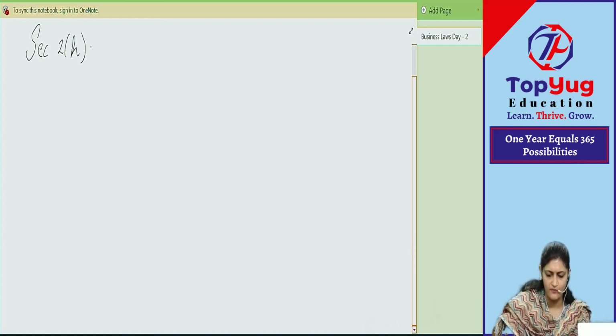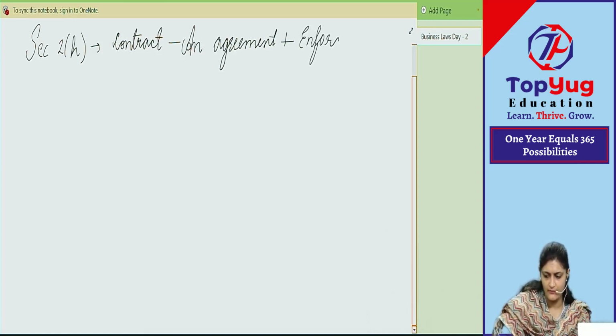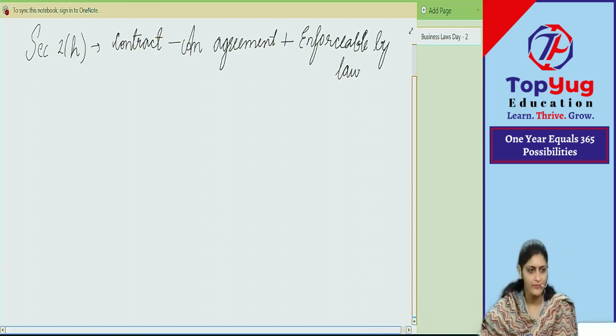Clause H of section 2 is giving the definition for contract. As per clause H of section 2, contract is nothing but an agreement which is enforceable by law.